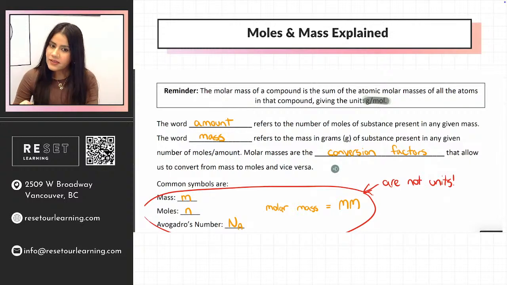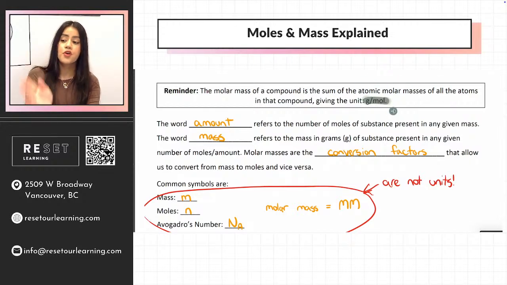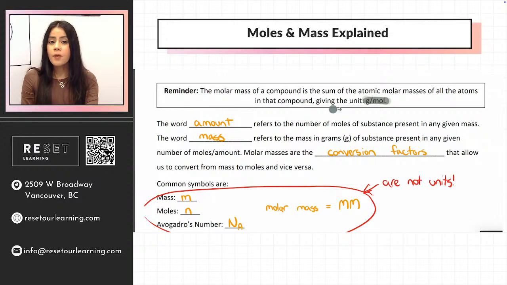And molar mass is used as conversion factors, which is the fraction that we were looking at, that allows us to convert from mass to moles and vice versa. Again, the molar mass of a compound is the sum of your atomic molar masses. This is coming from your periodic table, and the units are always grams per mole.